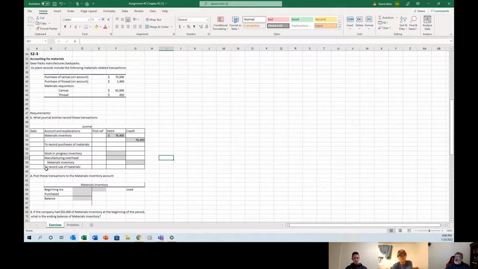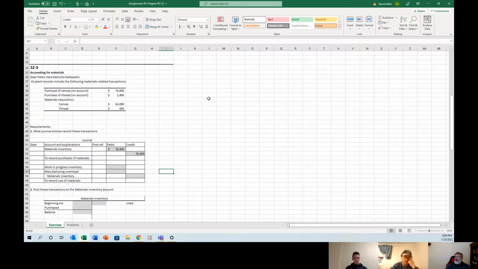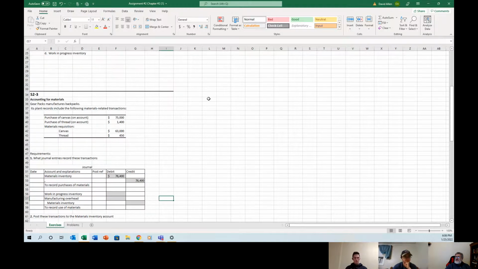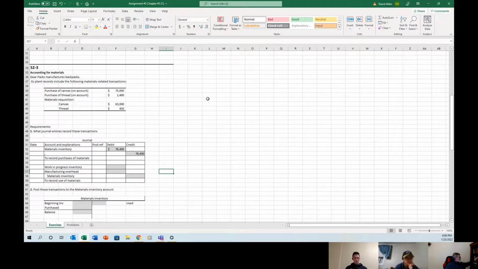Now to record the use of materials, our work in progress inventory. Let me get the book out because apparently I didn't get it all typed in there. Remember, I said if you go to do these problems, sometimes you have to go back to the book and make sure that I typed all the information in.